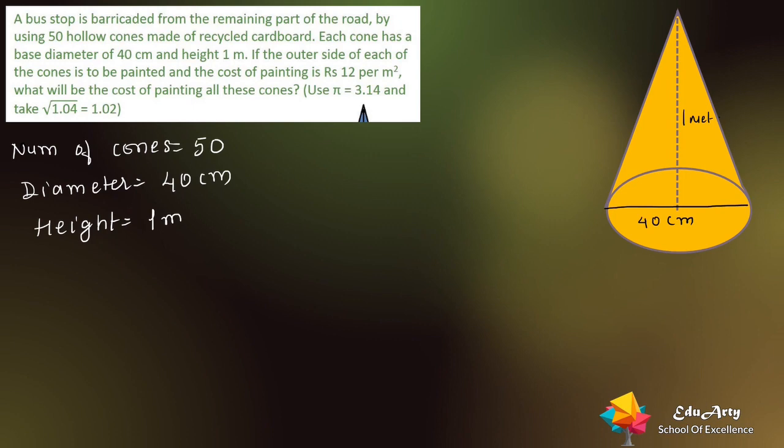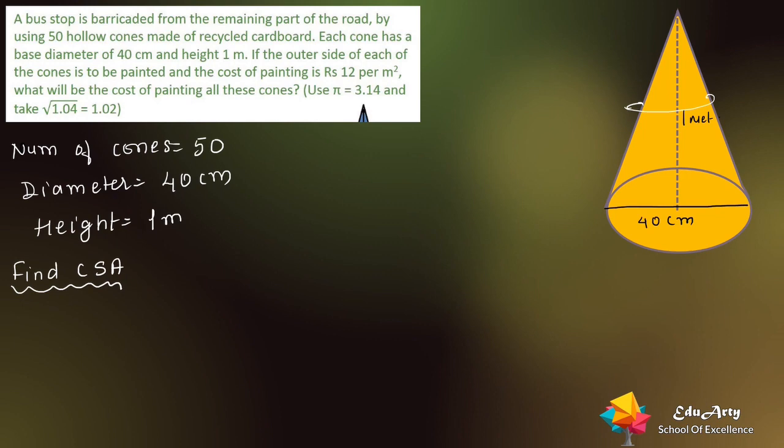Now what else do we have? If the outer side of each cone is to be painted, outer side meaning this side, they will not paint the base. Only the outer side. That means we have to find the CSA, because that CSA is the thing that is going to be painted.